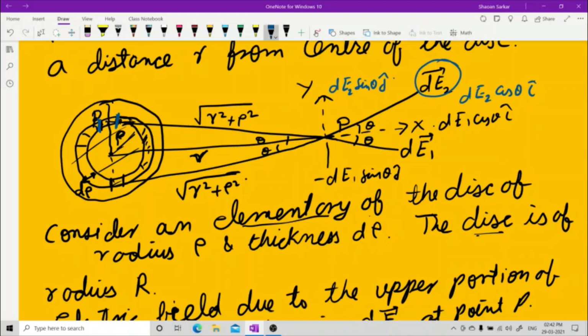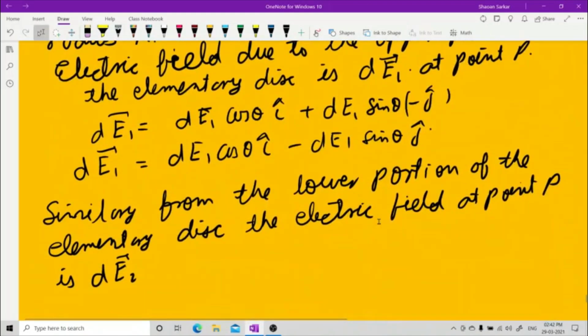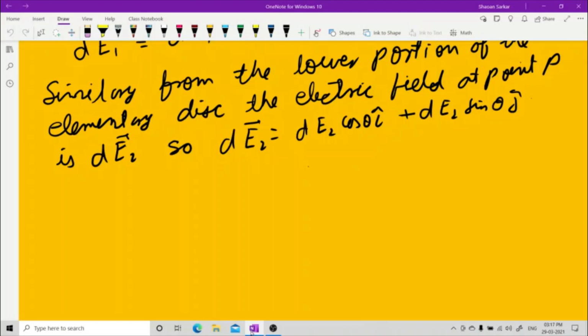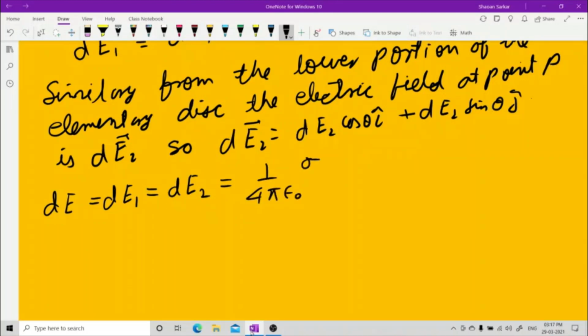So dE2 is nothing but dE2 cos theta i plus dE2 sin theta j. Scalarly, the magnitudes of dE1 and dE2 are both the same, which can be said equal to dE. This is nothing but 1 by 4 pi epsilon naught sigma dA. I'll just explain this.